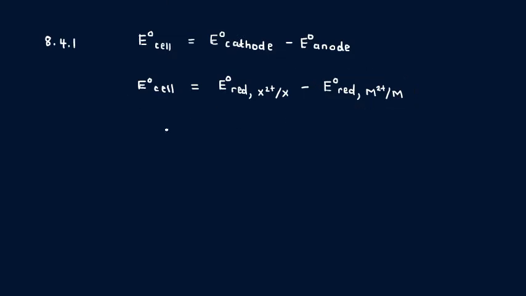So let's just jot in what we know. We know that the standard cell potential was given to us as 2.05 volts, and we calculated the standard reduction potential of X2+ to X as minus 0.31 volts. Okay, and now we are able to solve for this.